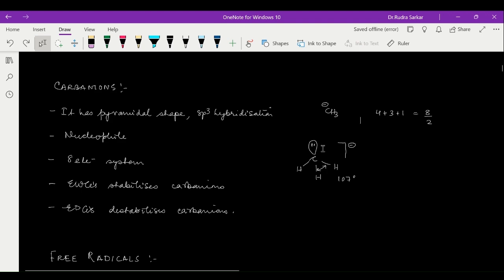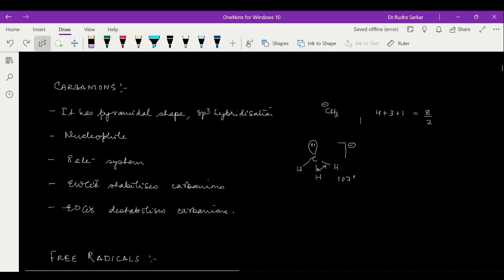Okay, but carbon you make positive, it is not stable. Why? It says give me some electron. Carbon having negative charge is also not stable. Why? It says I am not that electronegative, so take away something from me. So a carbon ion will be stabilized by electron withdrawing groups.